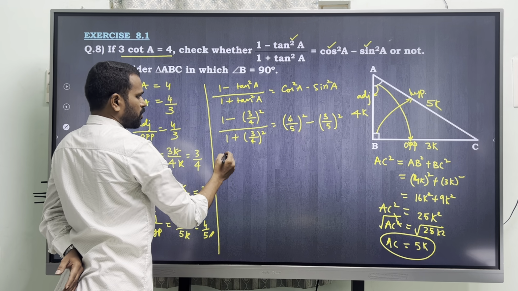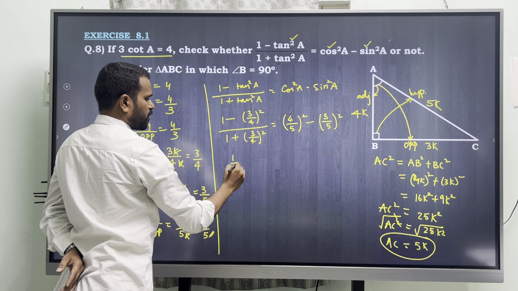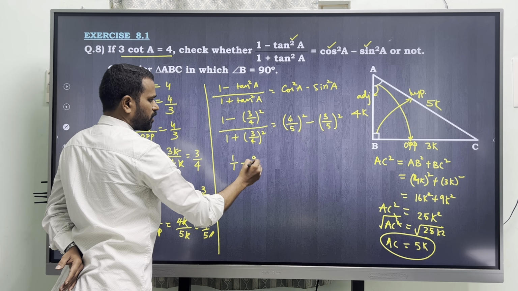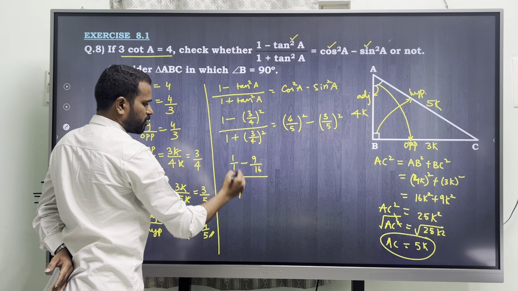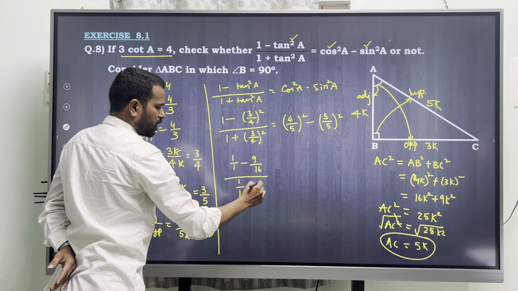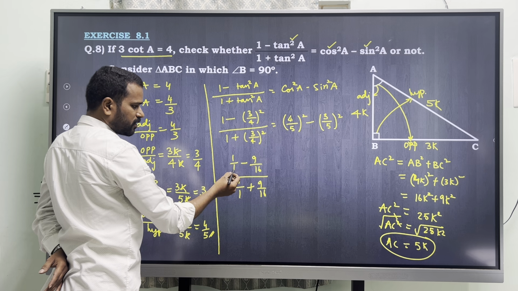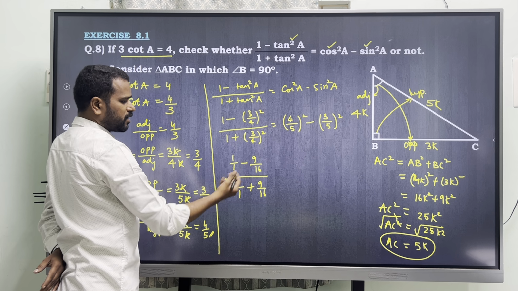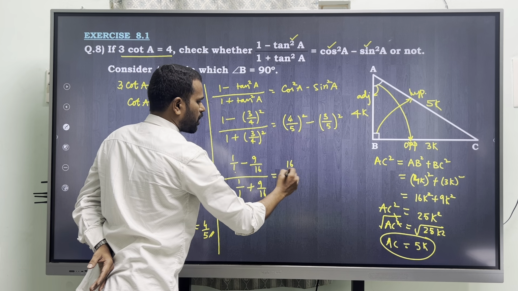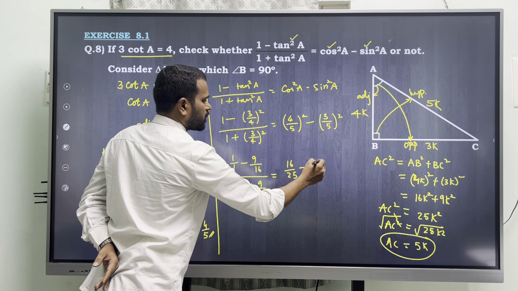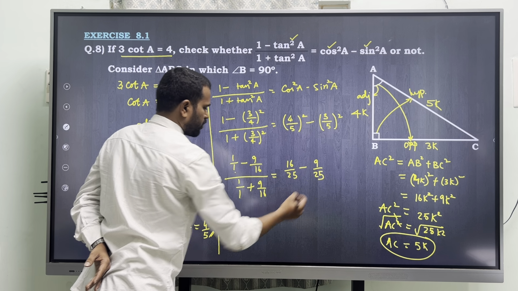See now, this is 1 by 1 minus 3 square 9, 4 fours are 16, upon this I can write it as 1 by 1 plus 3 square 9 upon 16. Why have I done it this way? Because to easily make the LCM. Understand? So 4 fours are 16 upon 25 minus 9 upon 25.